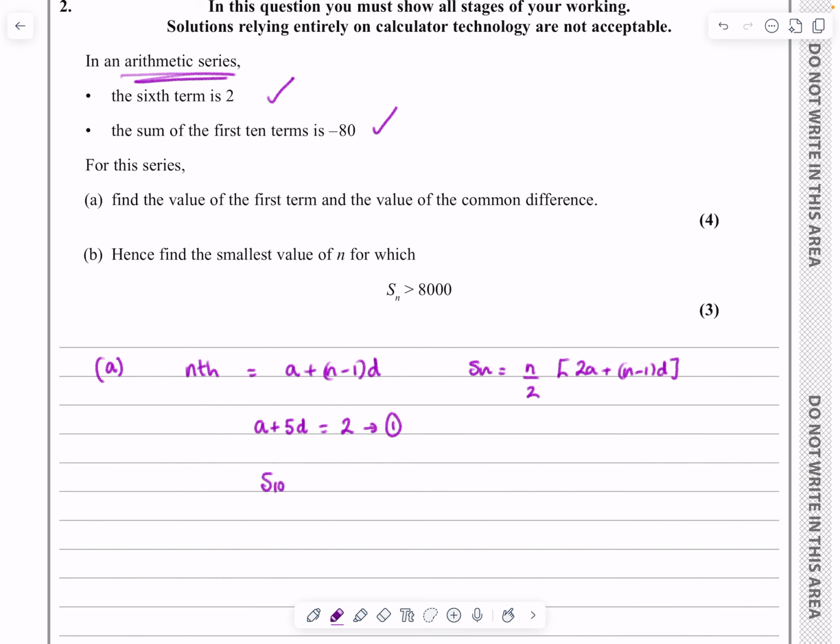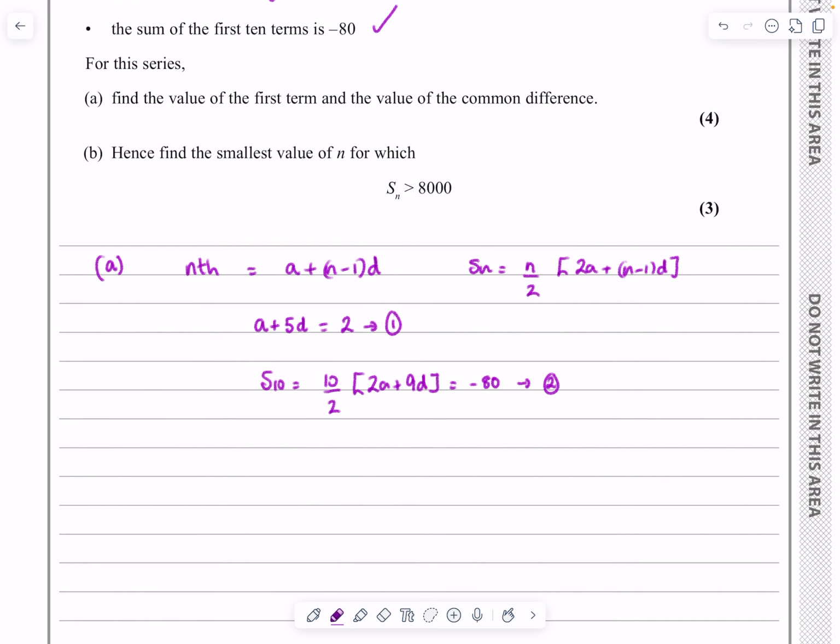The fact that the sum of the first 10 terms is minus 80, well, that's going to be n being equal to 10, so 10 over 2, (2a plus 9d), we know that that's equal to minus 80. That's going to be equation number 2, and now I need to solve these 2 simultaneously.